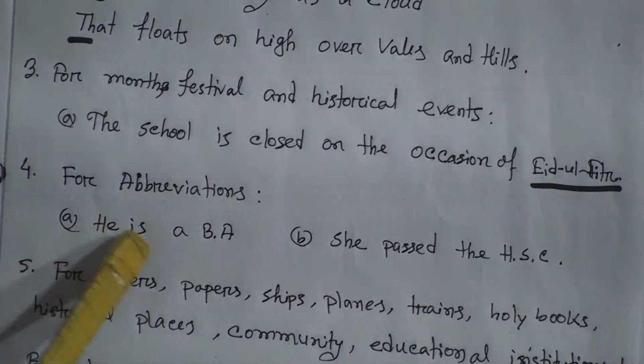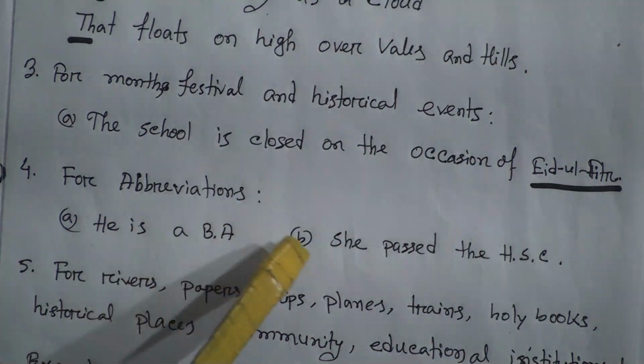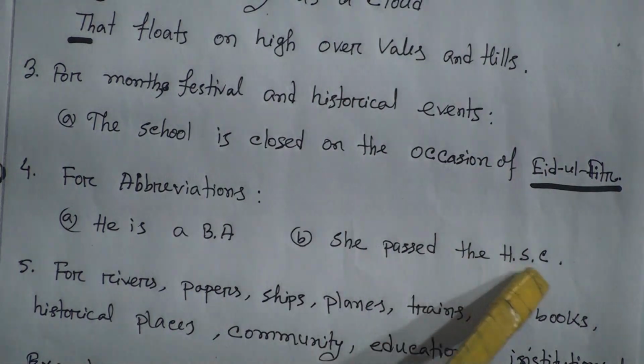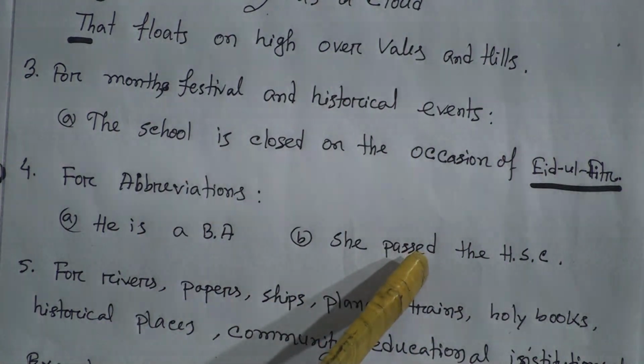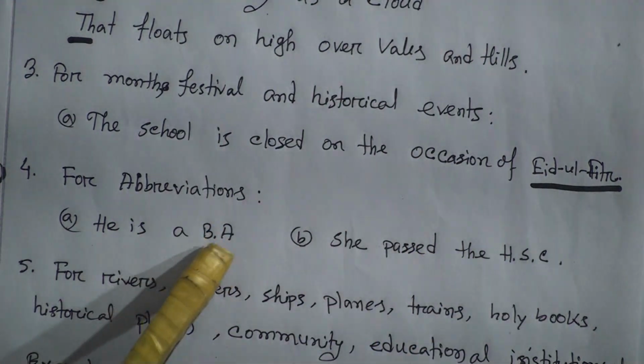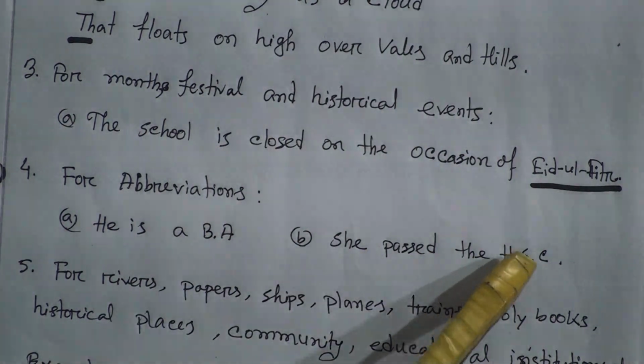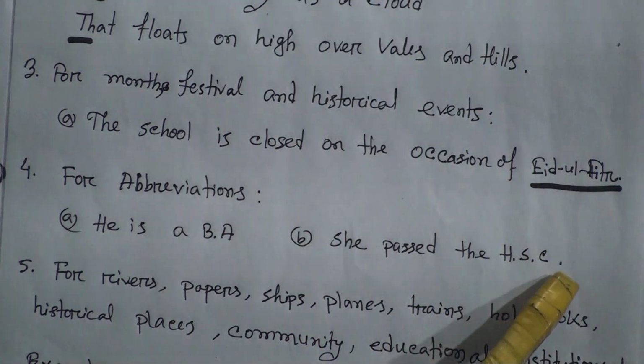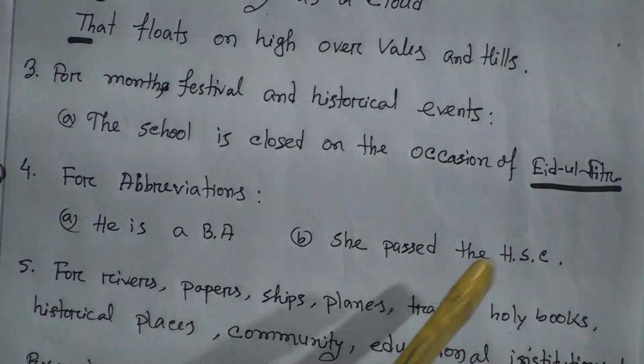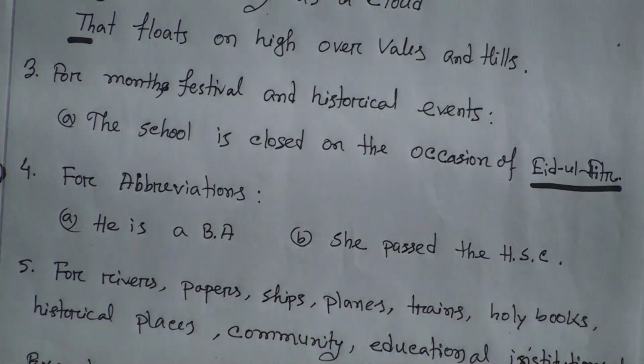For example, he is a BA. Number B, she passed the HSC. In both the sentences, B and A, these are abbreviations, Bachelor of Arts, and she passed the HSC, Higher Secondary Certificate. So these are abbreviations and these are written in capital letters.